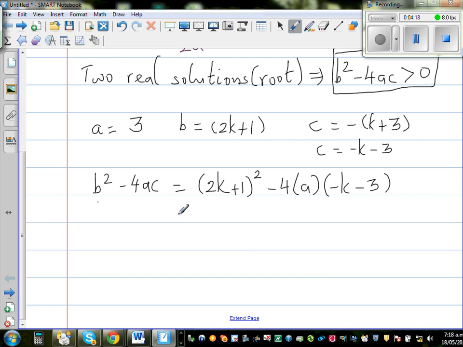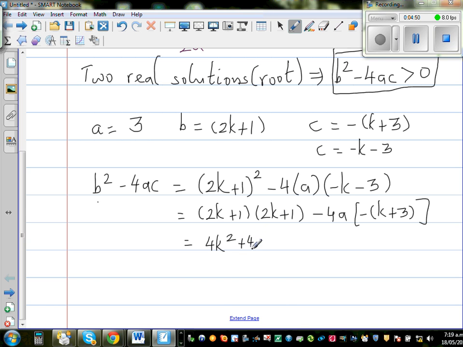Now expanding this, it is (2k plus 1) times (2k plus 1), and minus 4a times minus (k plus 3). The two negatives become positive. Let me expand this. 2k times 2k is 4k squared. 2k times 1 is 2k, and 1 times 2k is 2k, which is 4k.